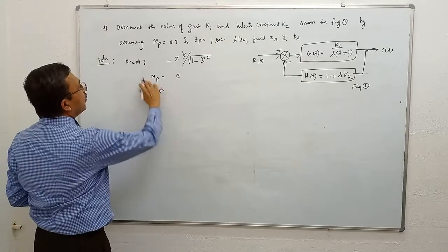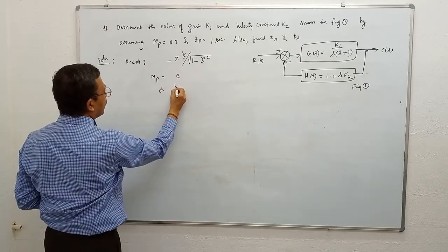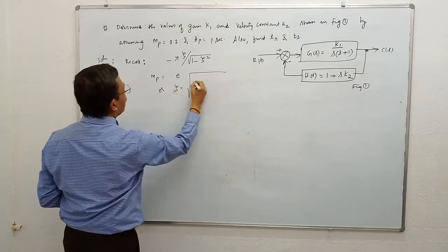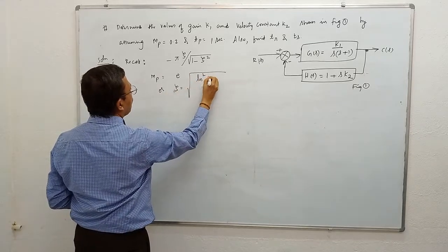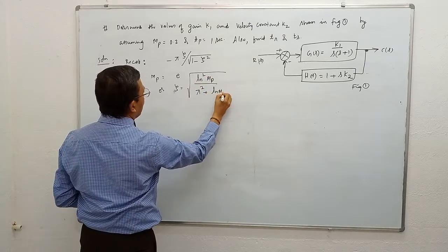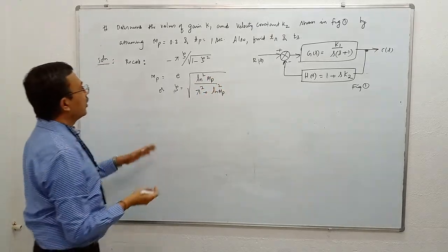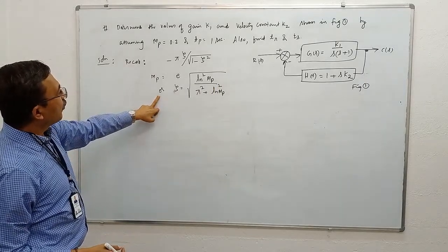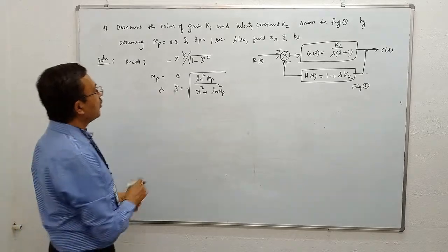Or this, when you simplify, you get zeta is equal to square root of natural logarithm square of MP divided by pi plus natural logarithm of MP square. I have derived this, you can go through the earlier problems. This formula is useful for finding zeta when MP is given.